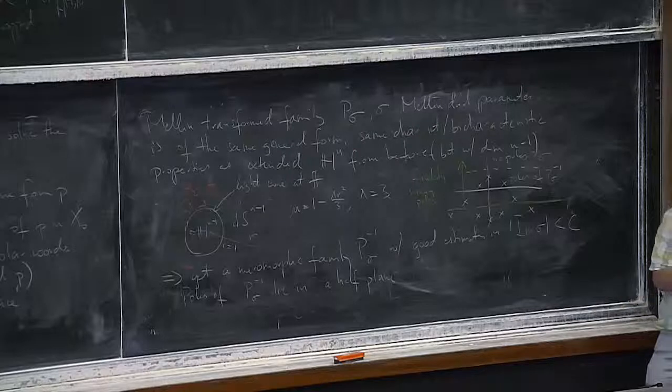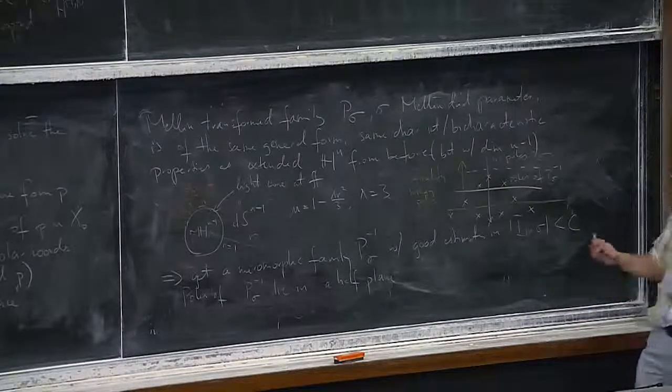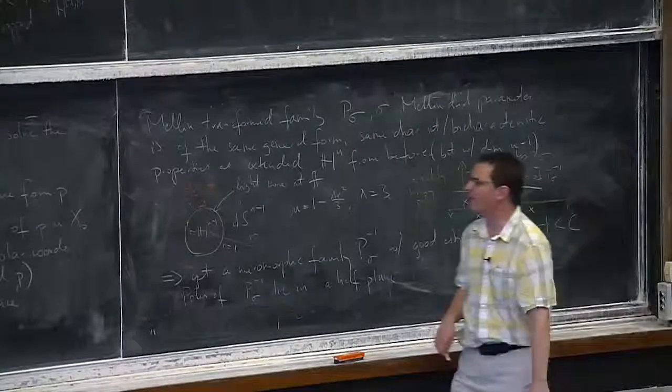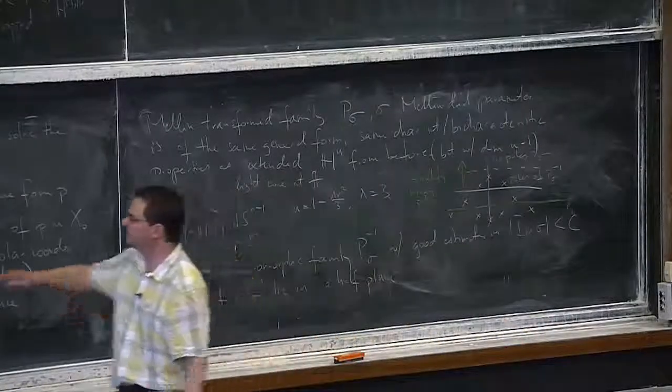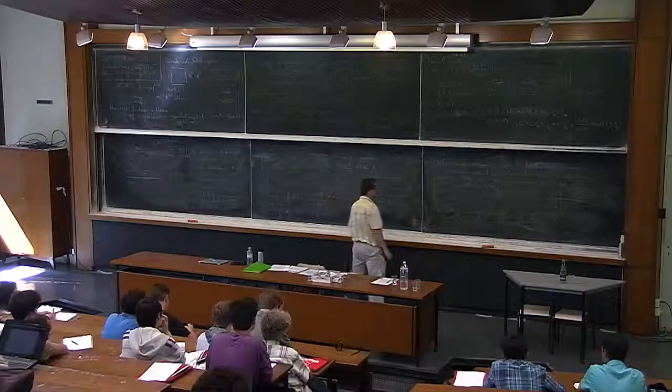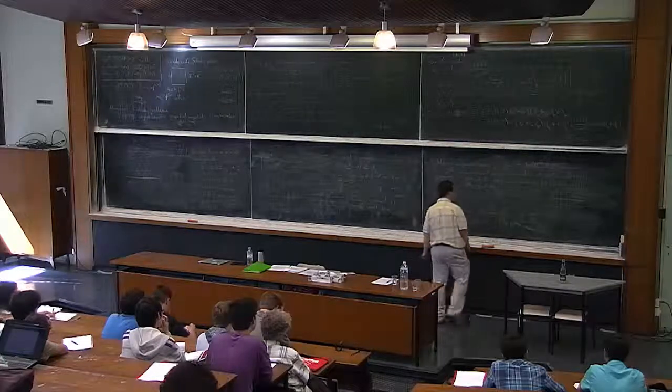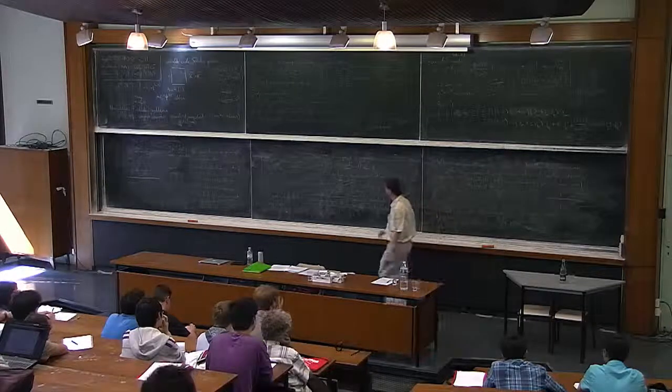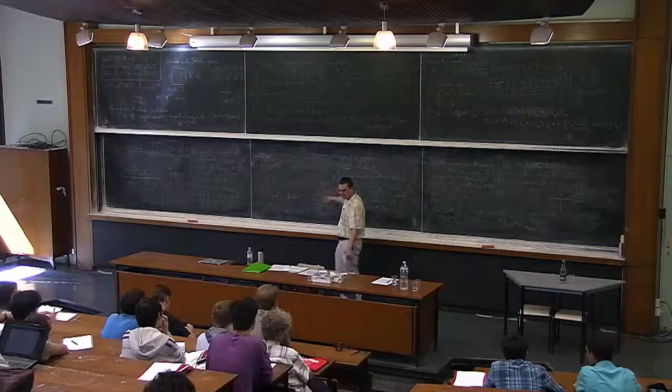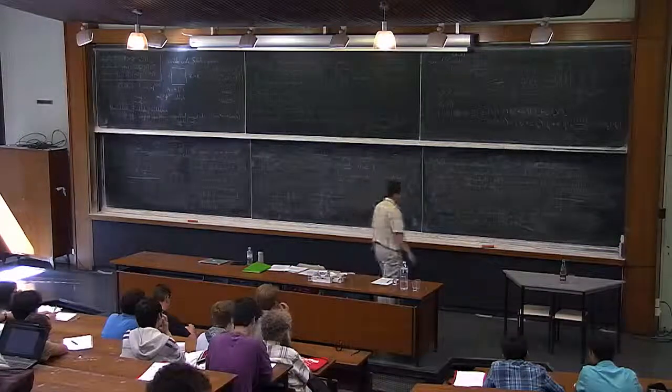Now Mellin transform the equation, so you get the Mellin transform of f and the Mellin transform of u, and let's say that f is supported where my normal variable, this x or s or whatever I call it, is less than some constant. So it's in a half line in terms of the boundary defining function.